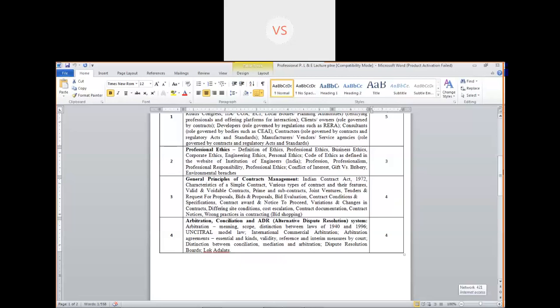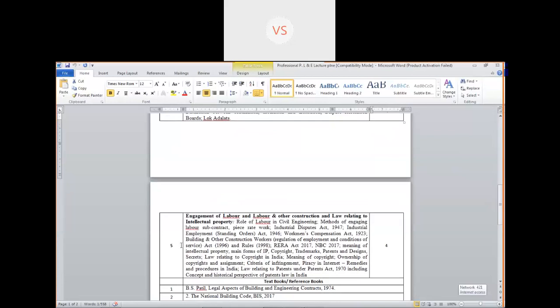Finally, the fifth module is about the role of labor in construction, that means engagement of laborers and other construction work, and some law relating to intellectual property.